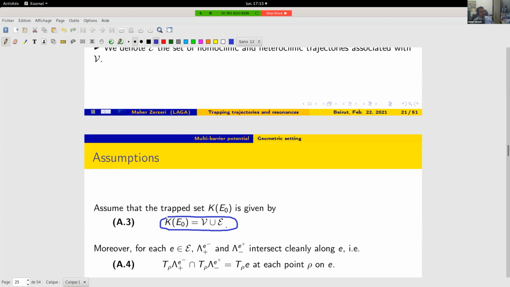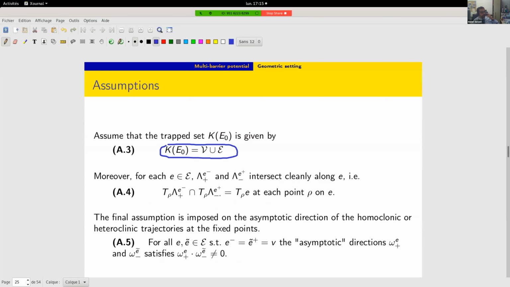This is very important for a computation. We do some stationary phase and we want to have the leading term. If not, we must do some degenerate stationary phase. It becomes complicated, but it's not generic.